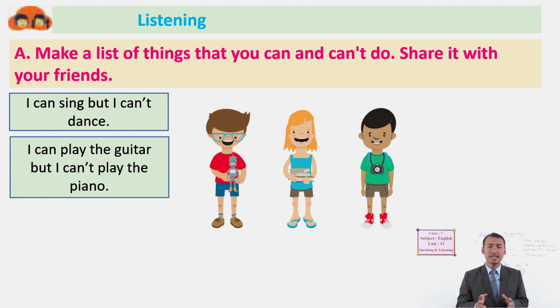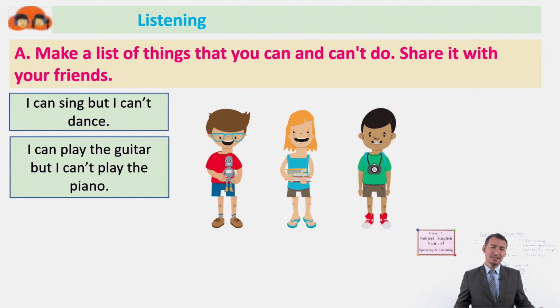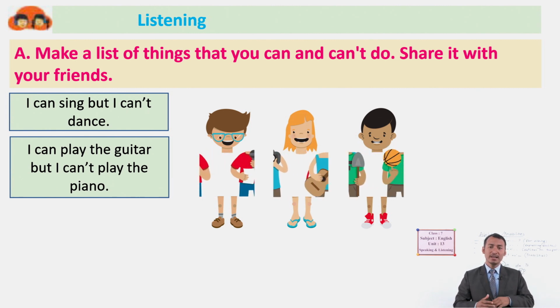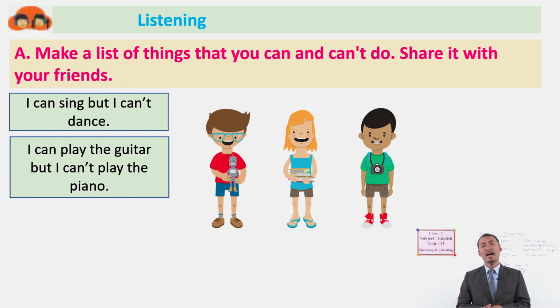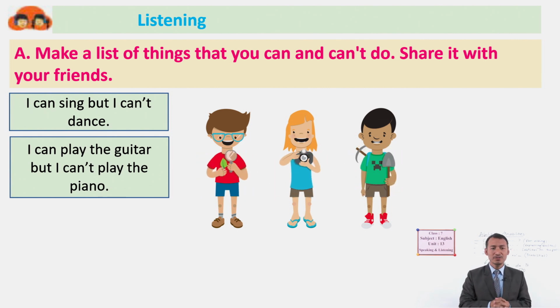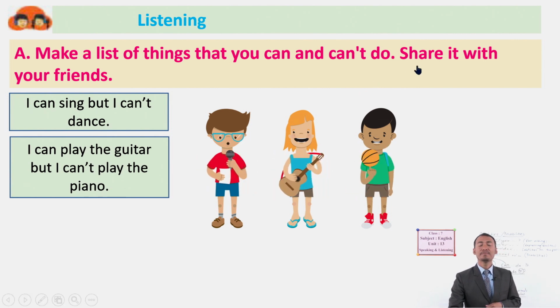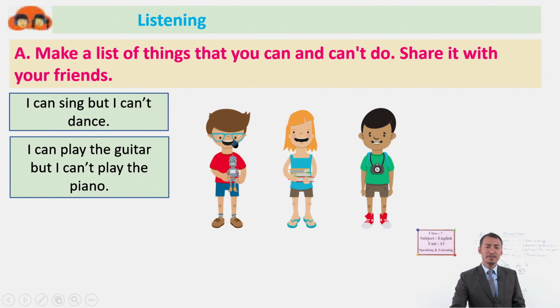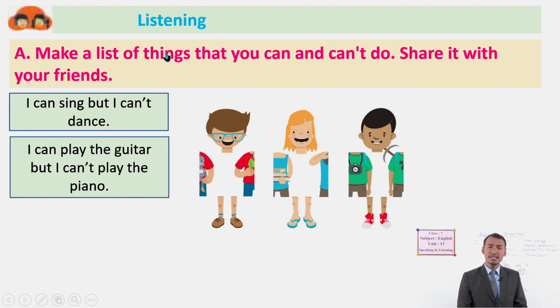These are the abilities. And if you can't do these things, you can say, I can't take nice photos, I can't play the guitar very well, I can't do hard work, and so on. So these are the ways that you can express your abilities and inabilities as asked by exercise A from the listening section.